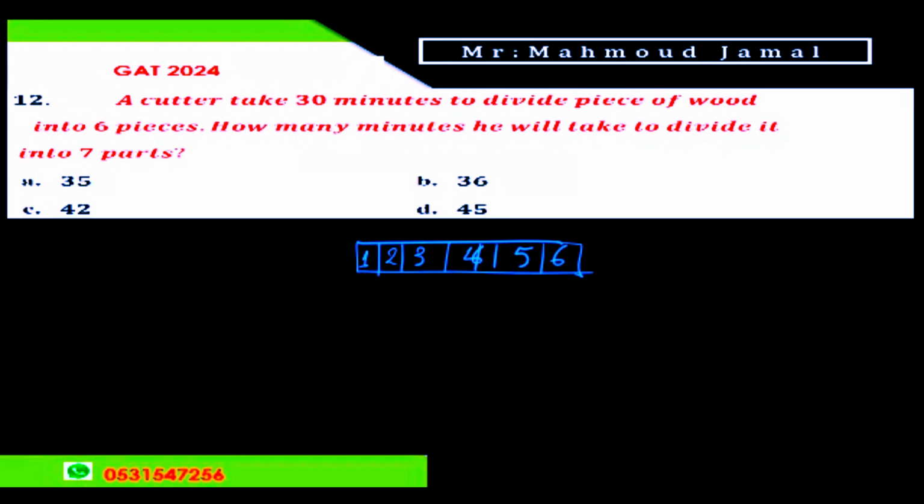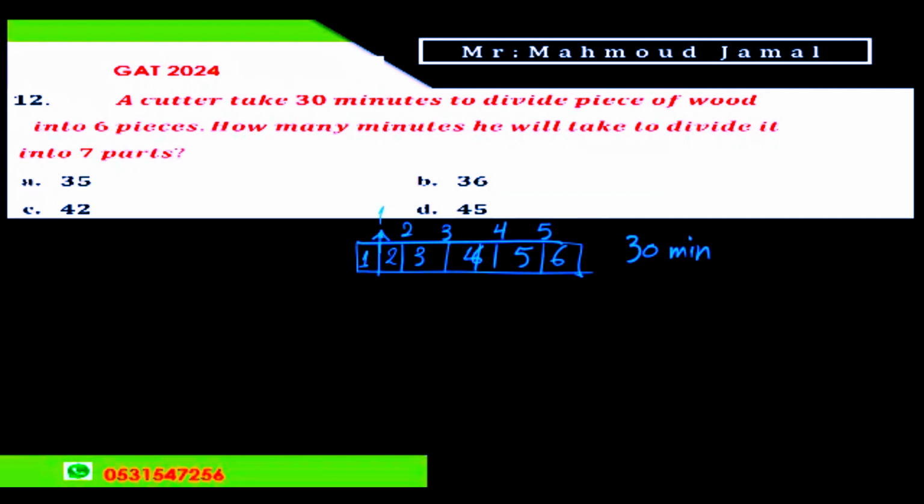How many cuts? This is the first cut, the second, the third, fourth, fifth. The cutter makes 5 cuts in 30 minutes.